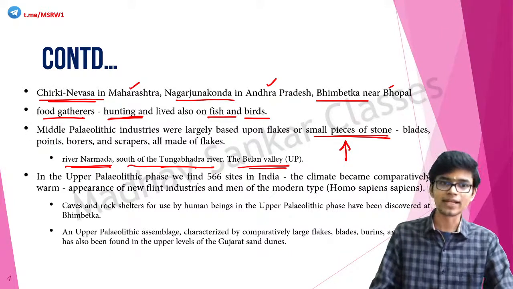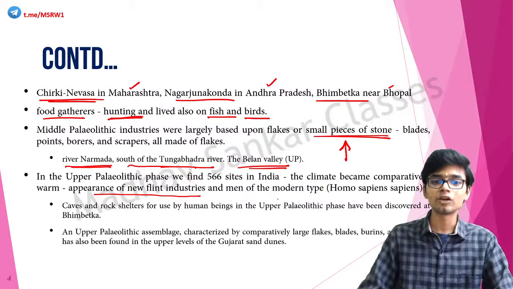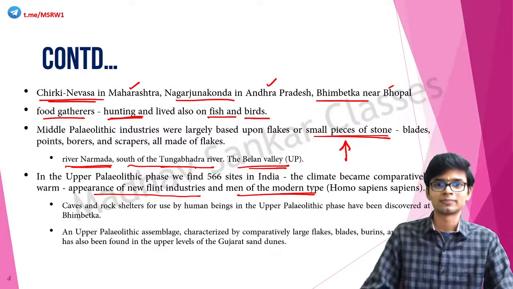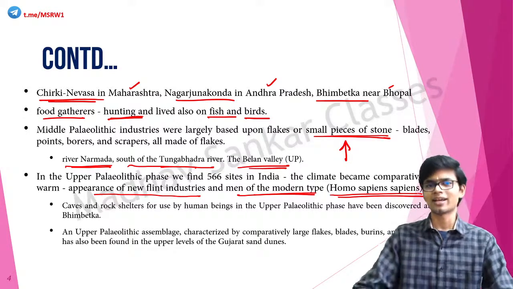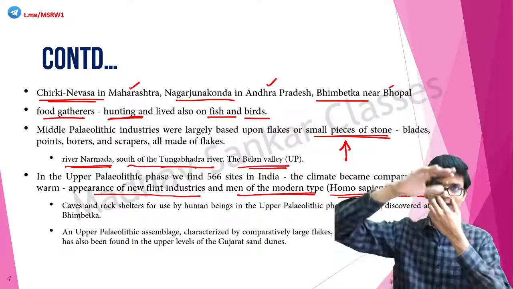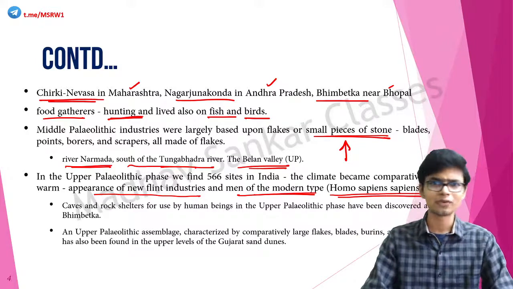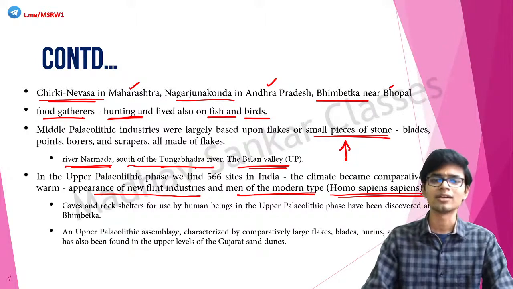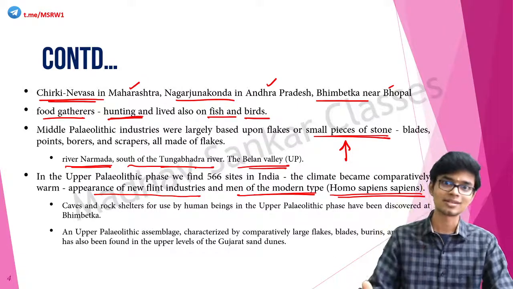And it is in the Upper Paleolithic period that we actually see the appearance of new flint industries and men of the modern type, that is, Homo sapiens sapiens. I hope you know about the different periods of evolution of man. I think all of you have heard about Neanderthals, then Homo erectus, Homo sapiens, Homo sapiens sapiens.